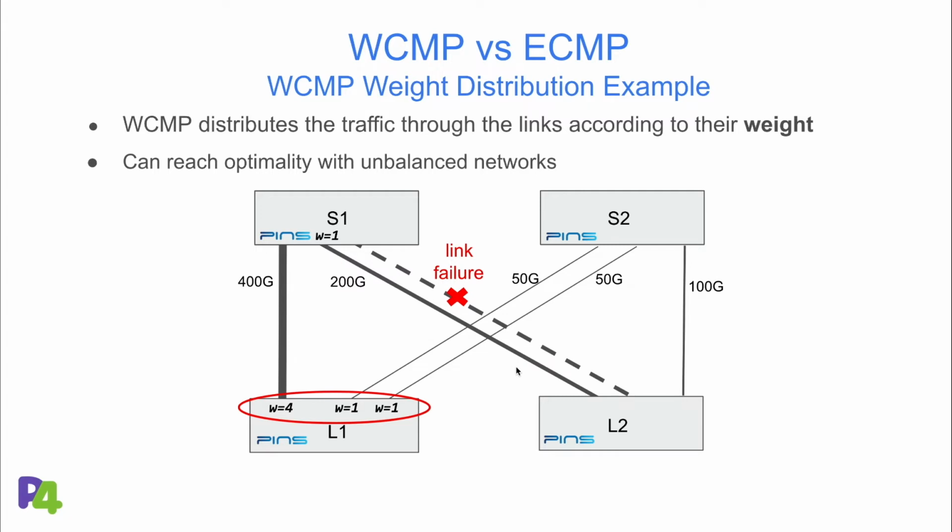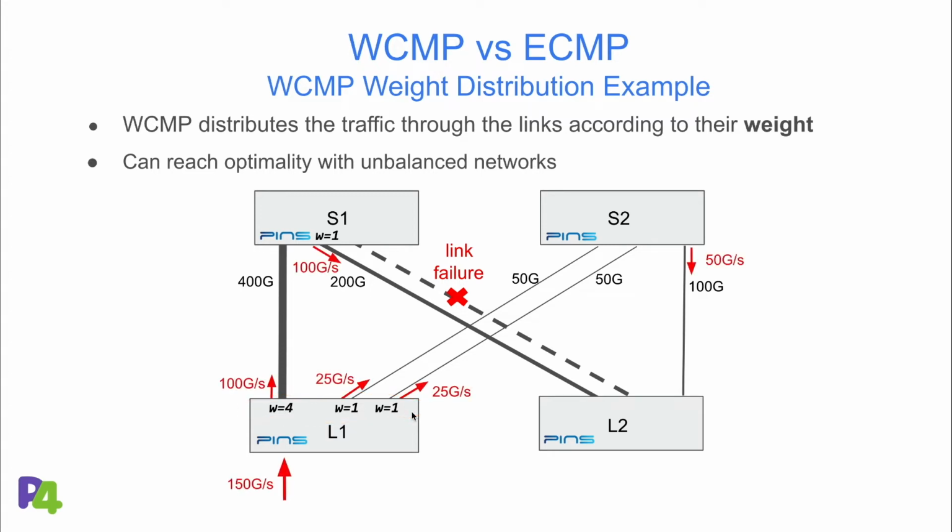In this case, the WCMP handler recalculates the weights, considering that the maximum supportable rate on the path through S1 is not 400 gig anymore, but it's now 200 gig, as the link between S1 and L2 is the bottleneck. So the weights are readjusted to 4, 1, 1.